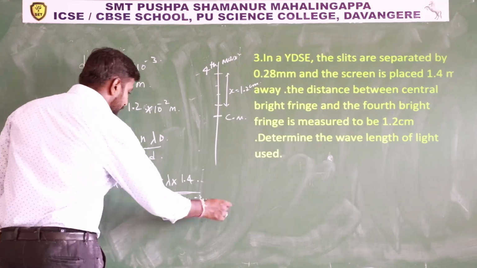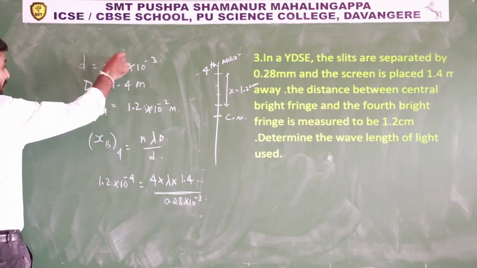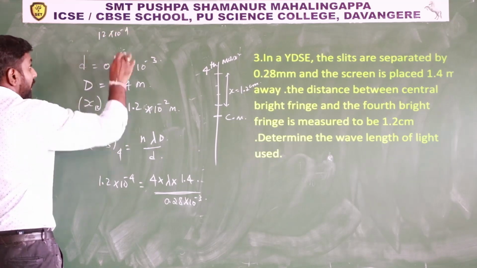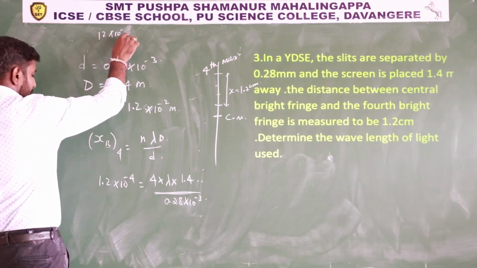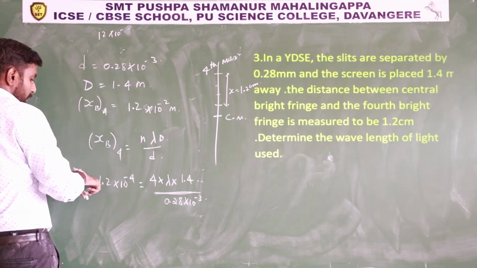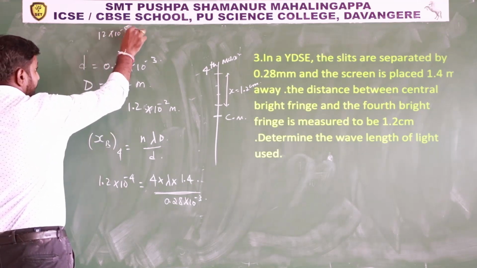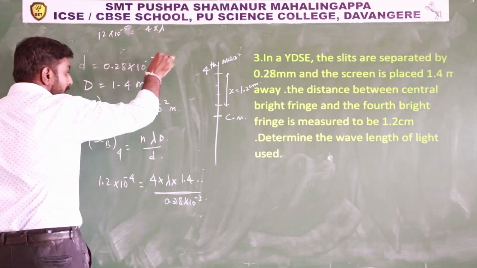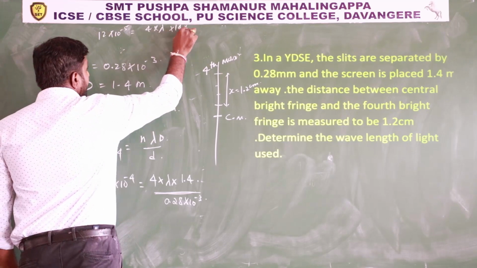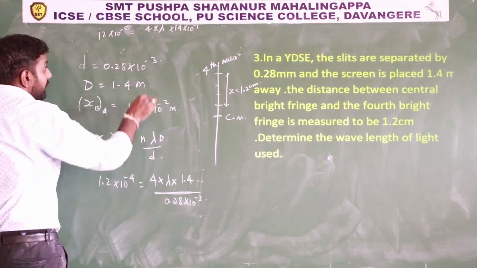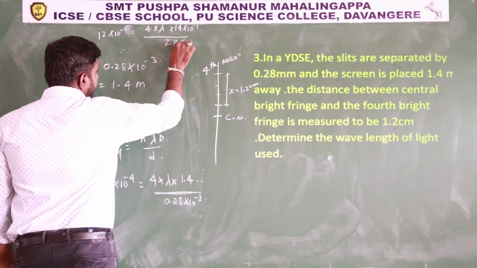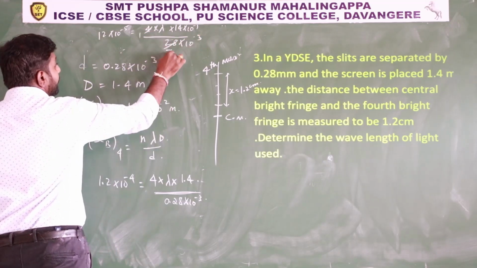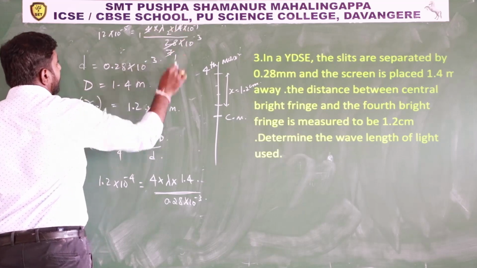Then for lambda, I will write here 1.2 into 10 to the power minus 2, that becomes 12 into 10 to the power minus 3. This equals 4 into lambda into 14 into 10 to the power minus 1 divided by 28 into 10 to the power minus 3. Then cancelling, here 1 times, here 7 times, again 1 time, here 2 times.